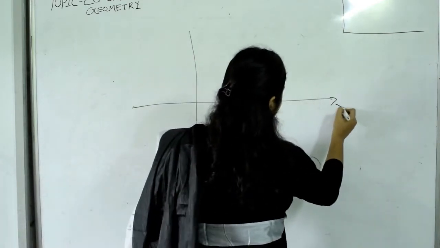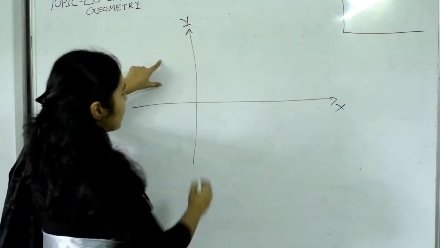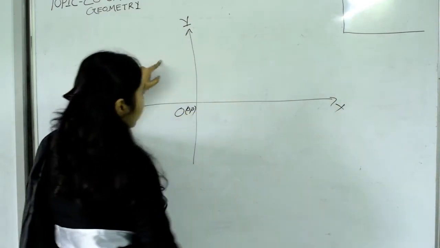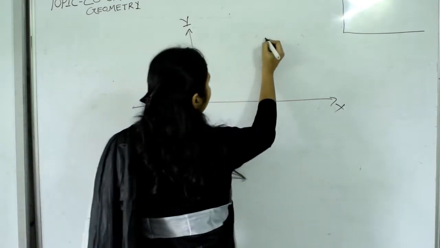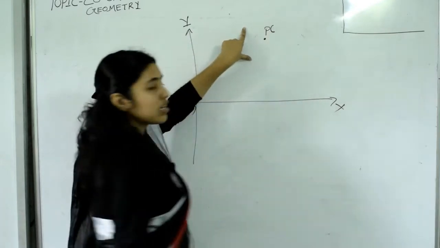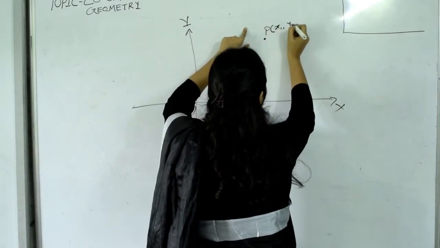Consider the x-axis and y-axis, and this is the origin 0, 0. Now consider any point P and suppose the Cartesian coordinate of P is x1, y1.